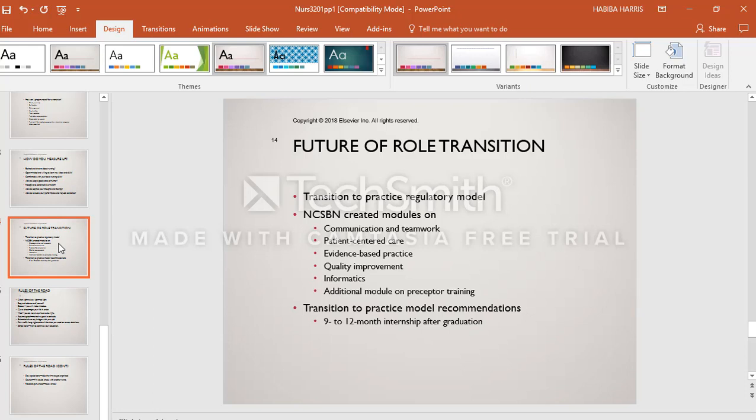It's kind of just doing it a little more slowly, a little more sensitively. And so the National Council of State Boards of Nursing is the NCSBN. In August of 2008, at the meeting, they wanted to place more emphasis on the fact that there was adequate evidence to support a regulatory model for transition for new graduates to help with that ease and that transition.